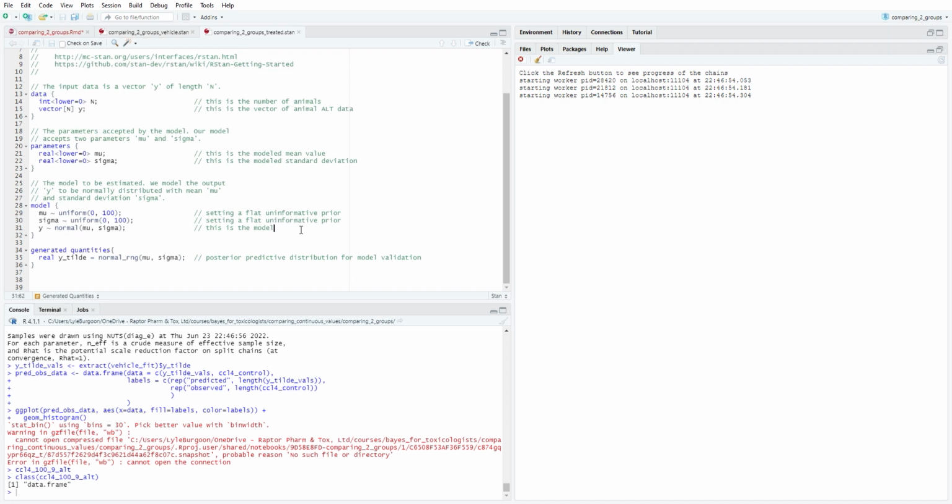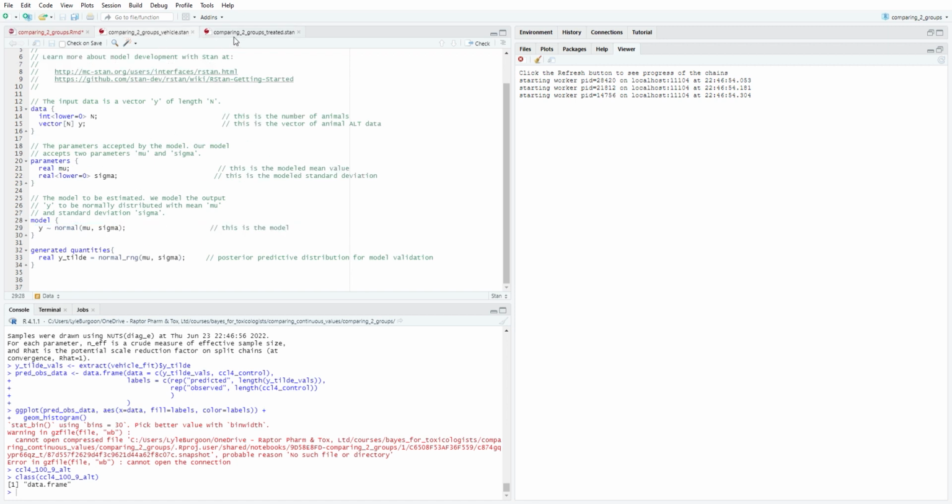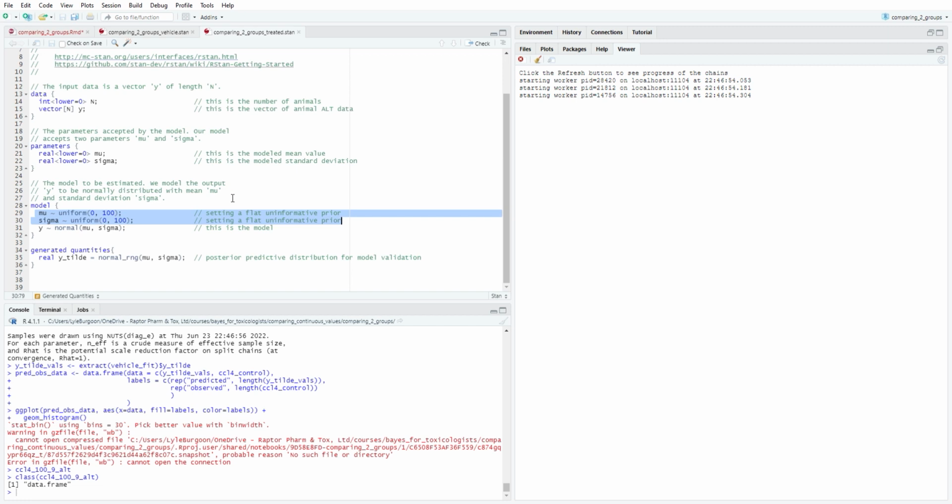And when I ran this without the priors being set right here, it used a set of default priors, which are not what I used here. And it came up with some really strange results. I mean, really strange. You can run it through this file here, and you'll get a warning that you're going to have some transitions that didn't converge. I had like 500-something transitions that didn't converge.